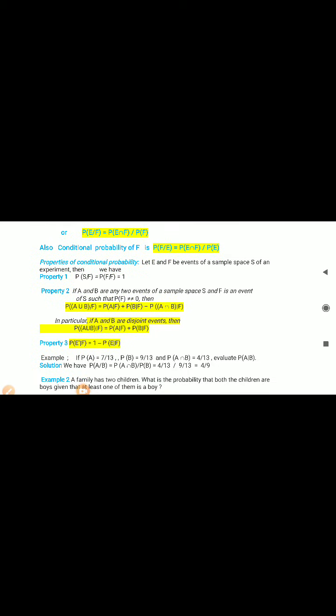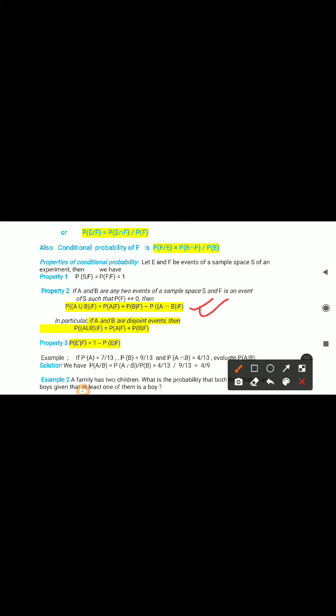Now there is another property. If A and B are two events of a sample space and F is an event of S such that P(F) is non-zero, then P((A union B)|F) is equal to P(A|F) plus P(B|F) minus P((A intersection B)|F).